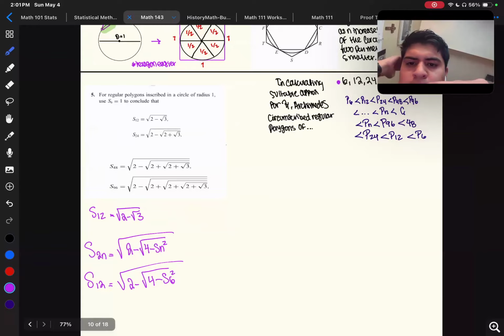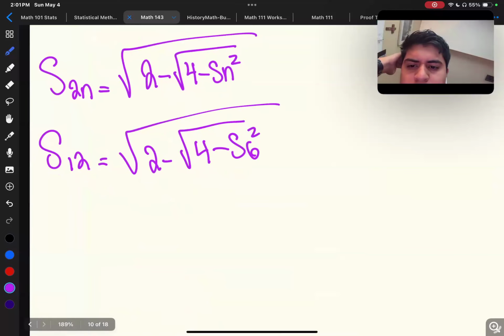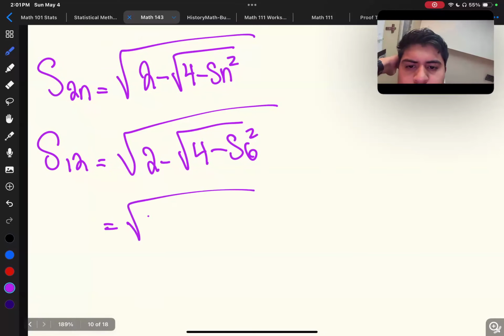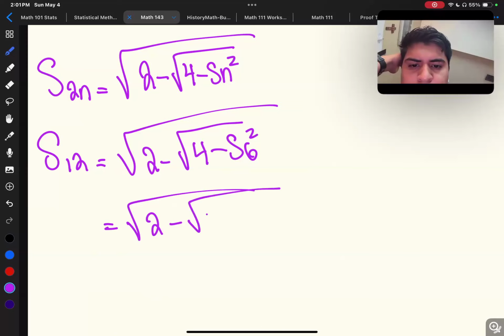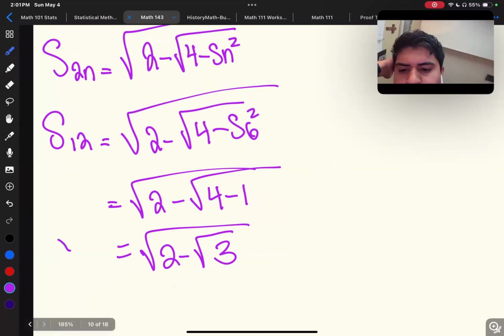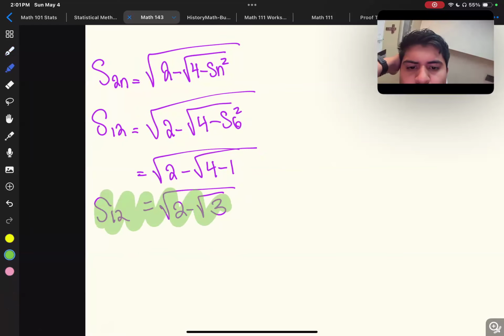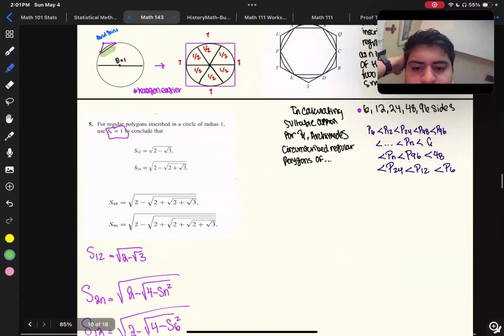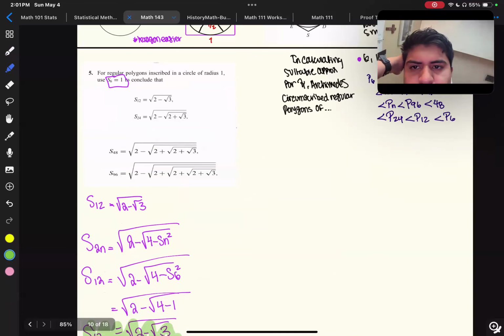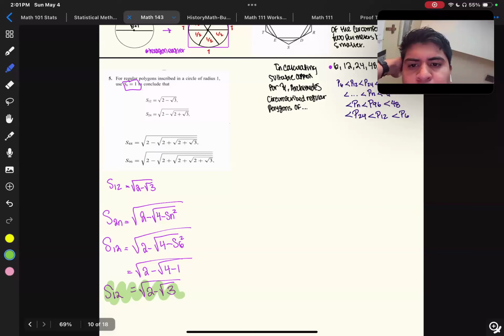And we know from the information given that S6 is equal to 1. So we can rewrite this as the square root of 2 minus the square root of 4 minus 1, which gives us the square root of 2 minus root 3, which is equal to S12. And that's just what the value would be for that specific regular polygon.